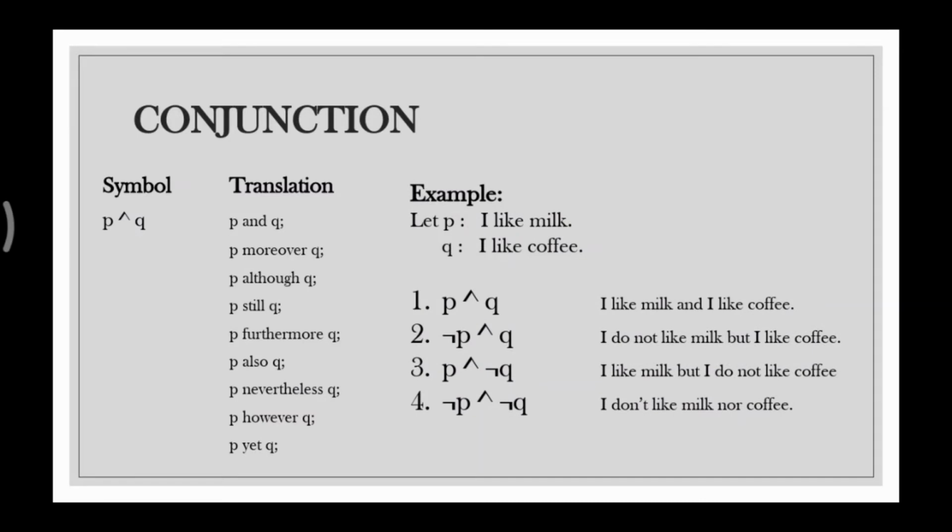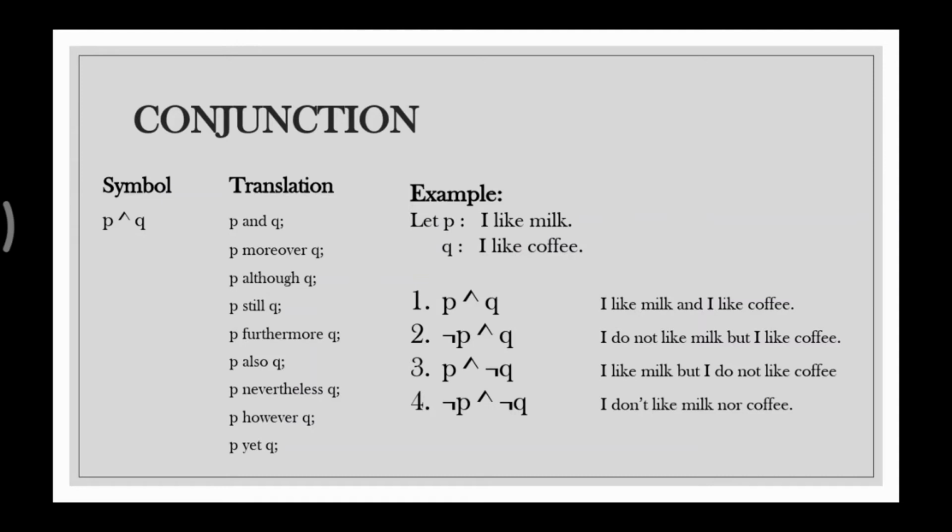Let P be the proposition I like milk, and let Q be the proposition I like coffee. Number 1, P and Q: I like milk and I like coffee.